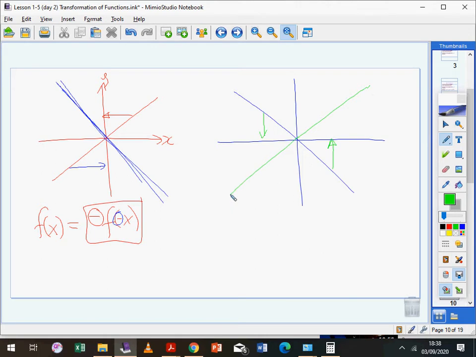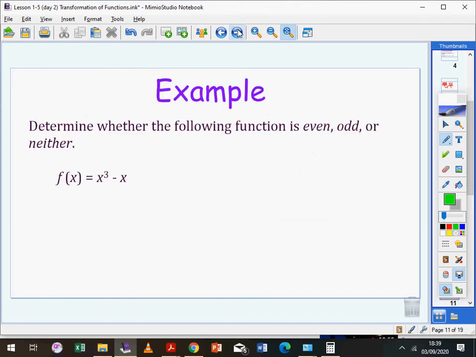So I hope you can see that this green line is looking just like the red line that we started with, and the final function is the same after undergoing two transformations, the reflection across the y-axis and the reflection across the x-axis. So every time this is true for a function, we say that that function is odd.